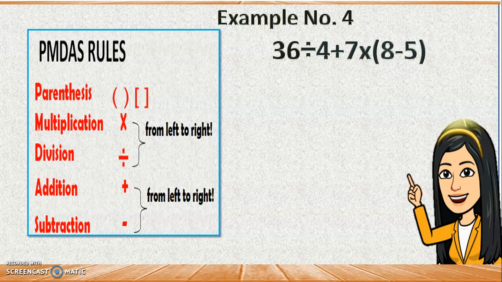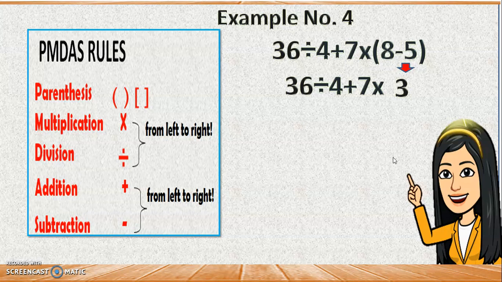So, in the PMDAS rule, the first rule is the, tama, parentheses. Yan. Minus muna natin. 8 minus 5 is equal to 3. So, ibaba mo lang yung ibang number. 36 divided by 4 plus 7 times 3 na. Yan. So, hindi pa tapos.